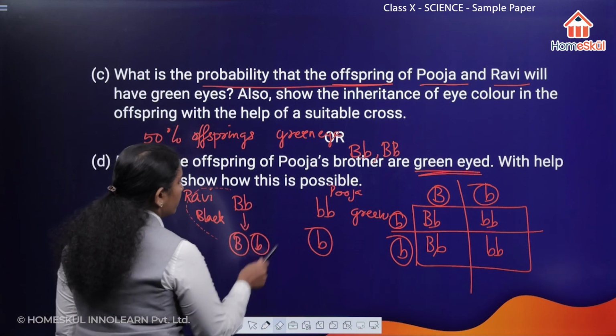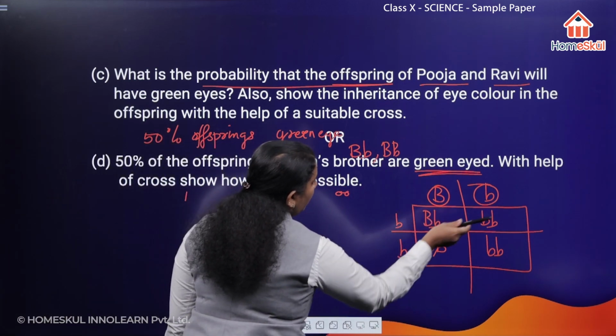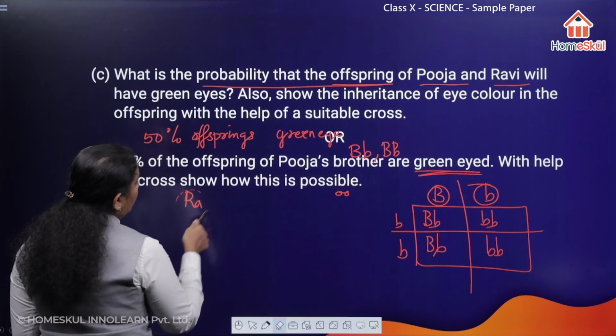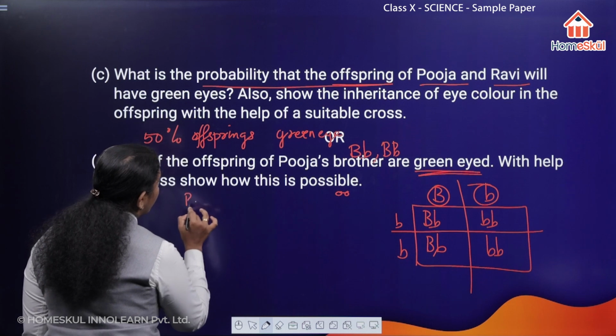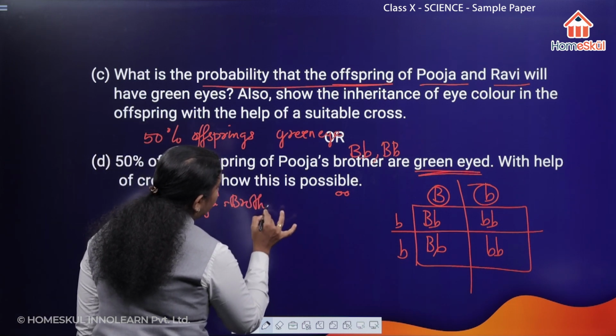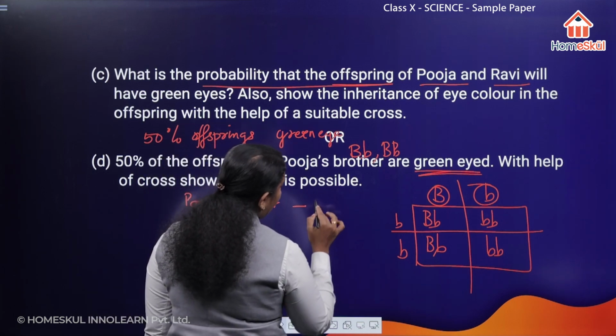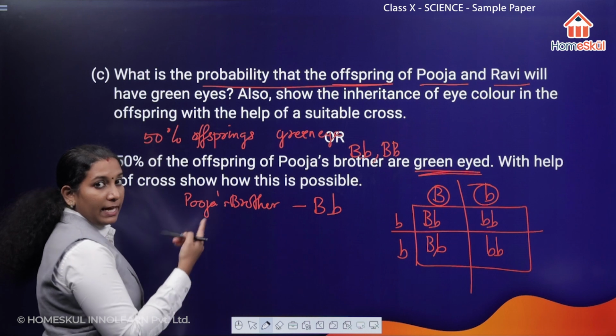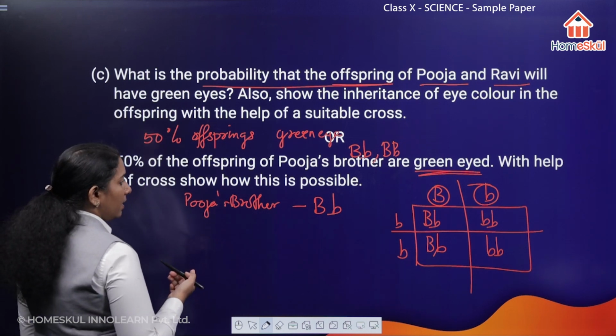So for Pooja's brother, his genetic makeup will be capital B, small b. It will be heterozygous because their parents are also black-eyed persons.